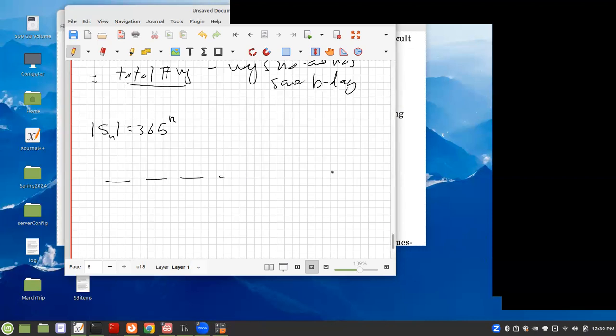There's n slots here, right? The first person could have any of 365 birthdays. The next person has to avoid whatever birthday the first got, so there's going to be 364 possibilities for them. The third person, 363, right? And it's going to keep going down.